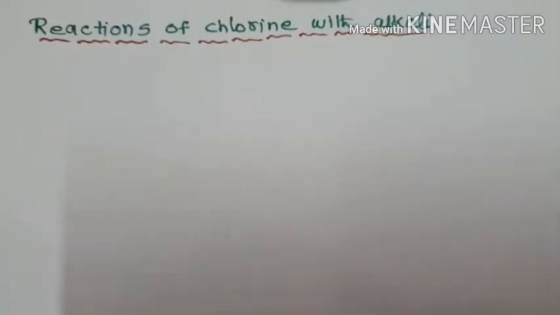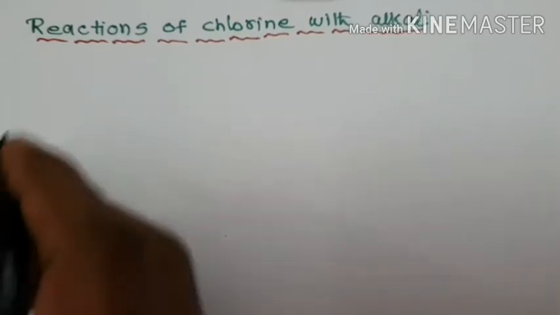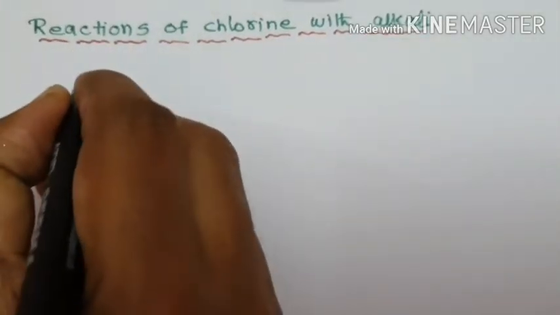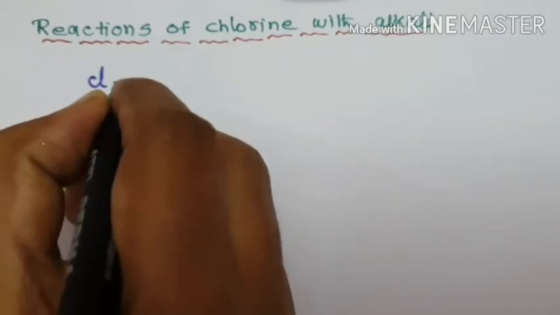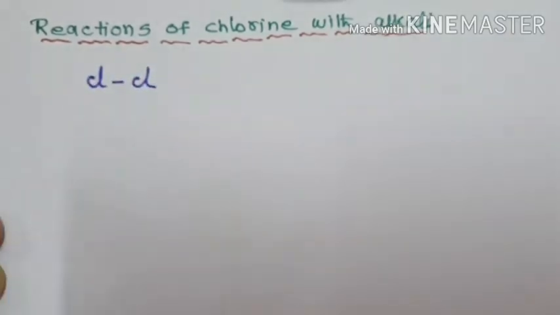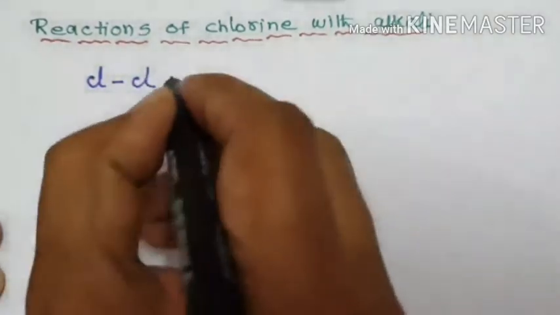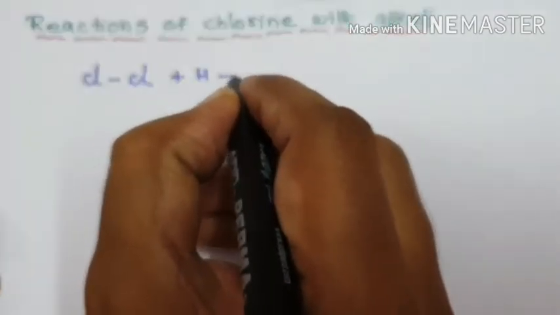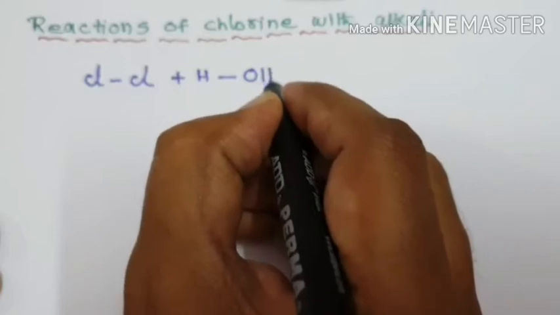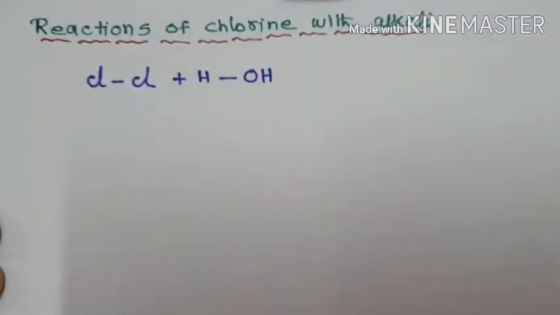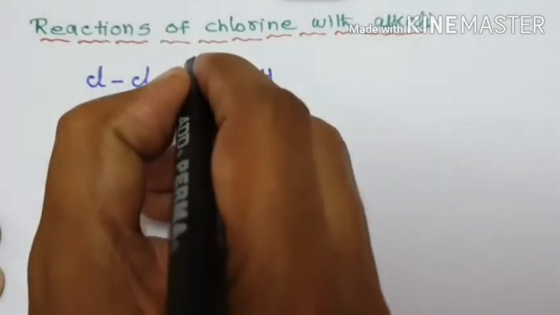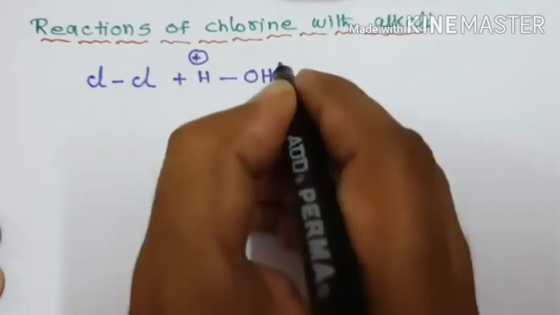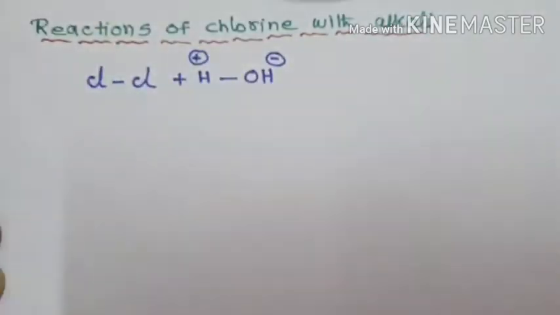Now we are going to discuss how these reactions actually take place. Reactions of chlorine with alkali. In the first step, chlorine Cl2 undergoes hydrolysis with H2O, a water molecule. Water undergoes ionization, gives H plus and OH minus.